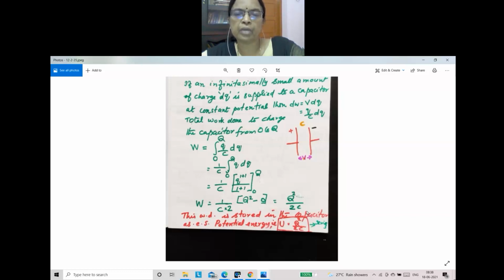Therefore, this much work is done by the battery to charge the capacitor to an amount capital Q. This work done is stored in the capacitor as electrostatic potential energy. So we got the expression for energy: one expression is Q square by 2C.